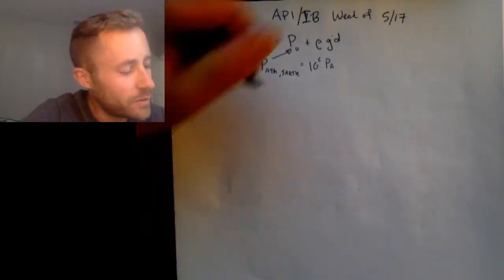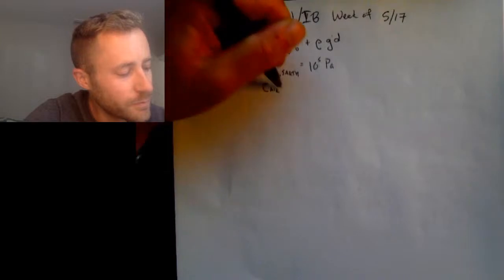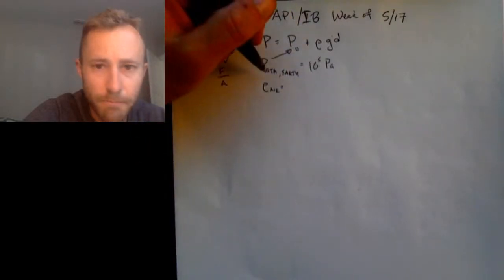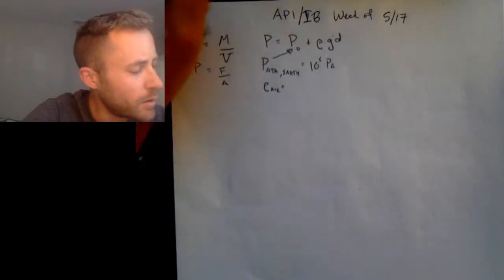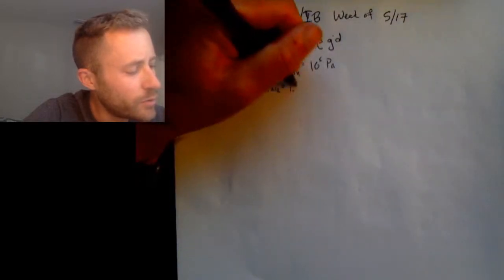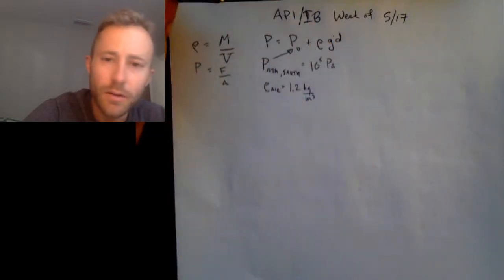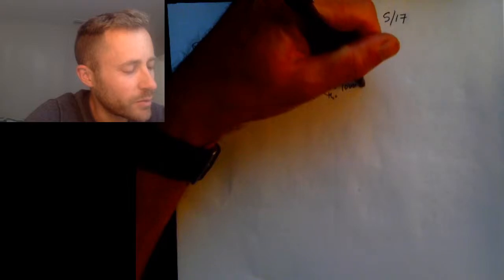A couple of densities that are important. The density of air is 1.2 kilograms per cubic meter. And the density of water, this is fresh water, is 1,000 kilograms per cubic meter.